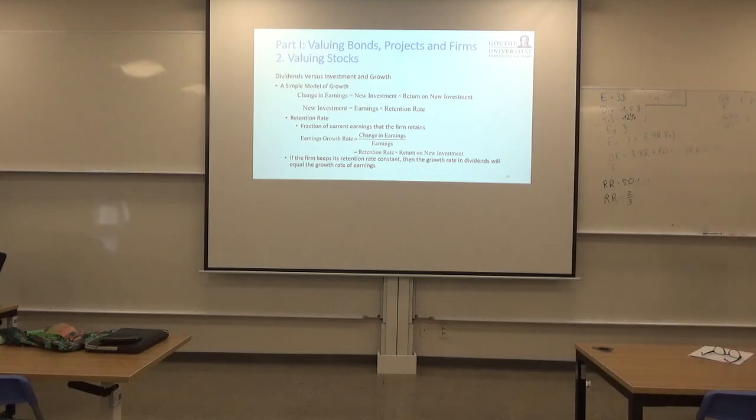So with our 50% retention rate, we have the value of a share equal to 1.5. This is the dividend. And then we have to calculate this growth rate. This is the retention rate times the ROE. So this is 50% times 12%.